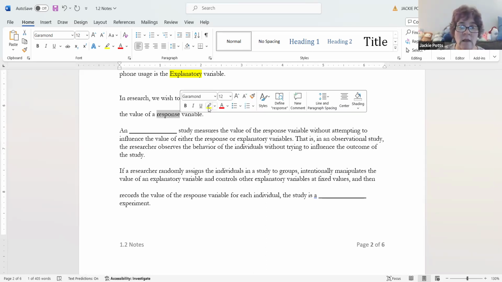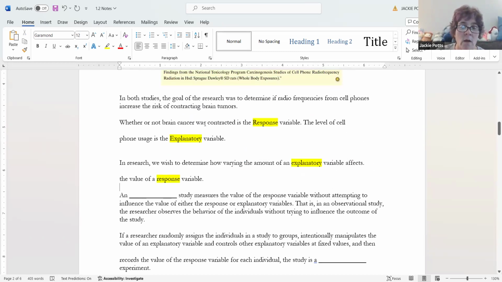Again, I apologize. Very first chapter is kind of boring, but you do need to understand all this. So we have response and explanatory. The explanatory is like the causation, and in a design, that's true. The response is just that. So what changes?